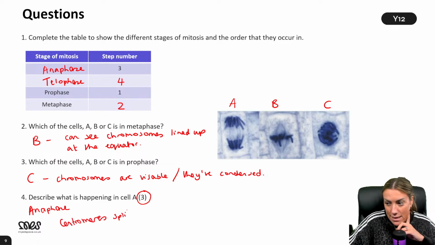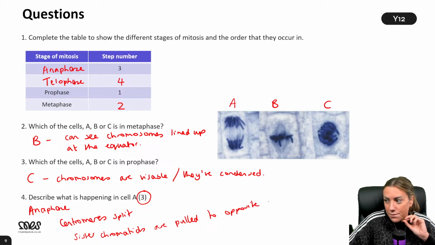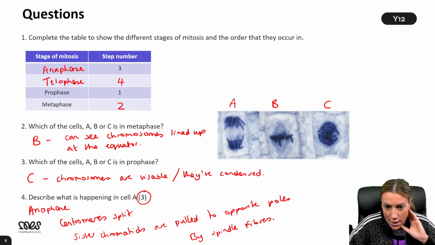Centromeres split might get you a mark. Sister chromatids, that's what I'm going to call them because that is more accurate. Sister chromatids are pulled to opposite poles. That could get you a mark. And by spindle fibers would get you a mark as well.